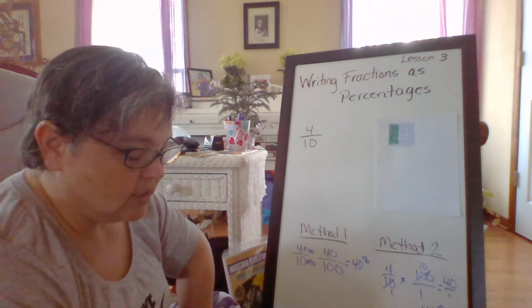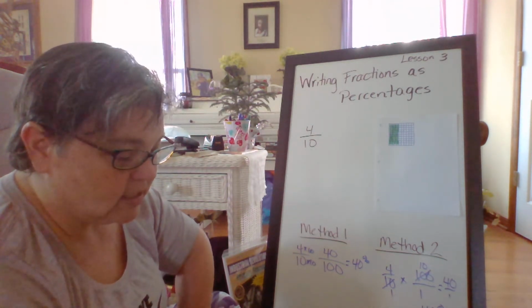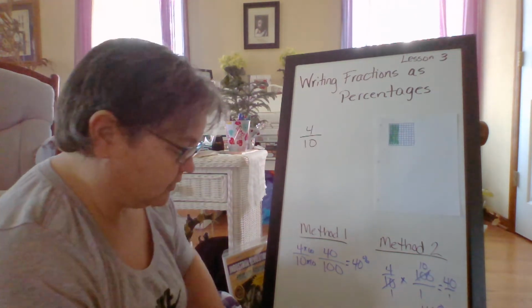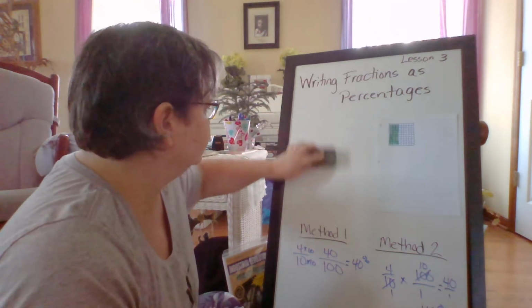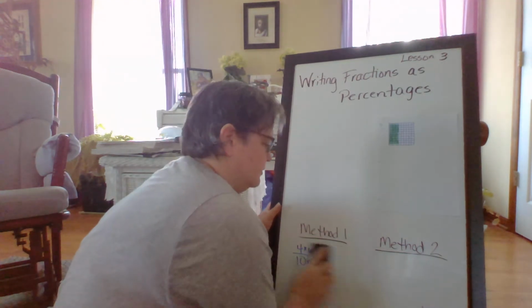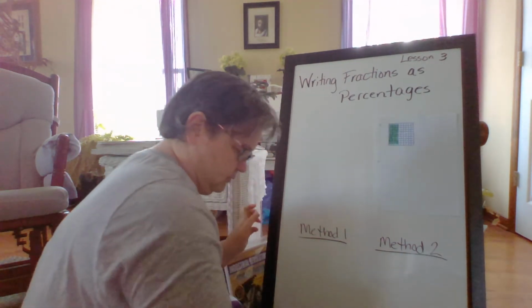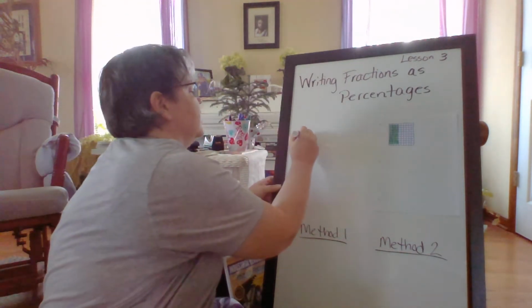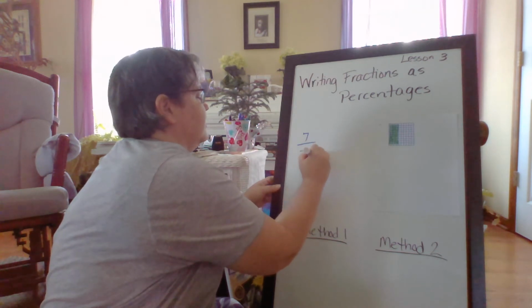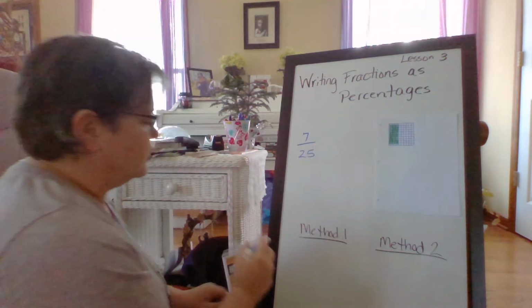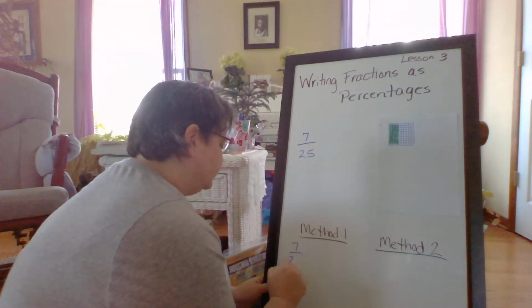Let's express 7 out of 25. All right, 7 out of 25. So let's use method 1.